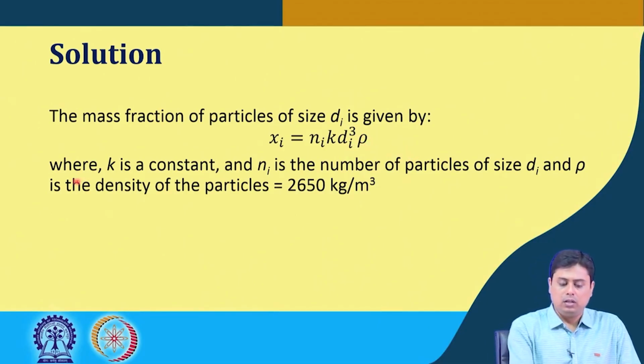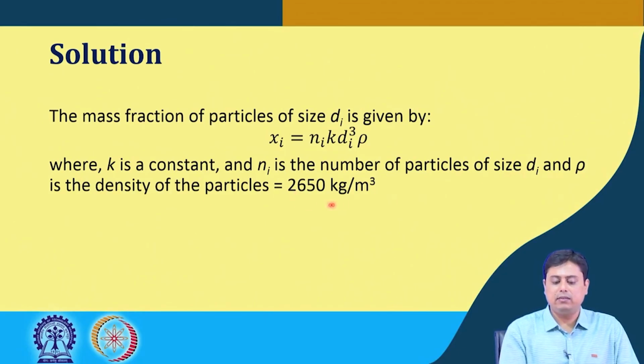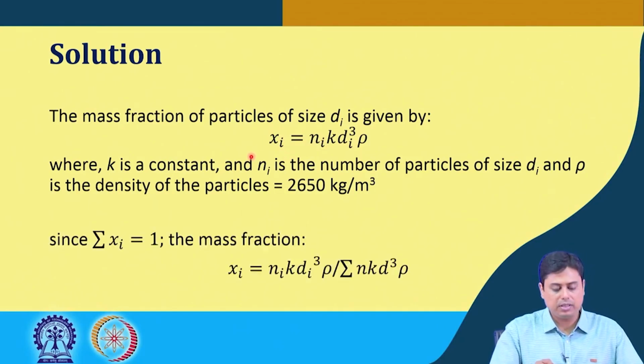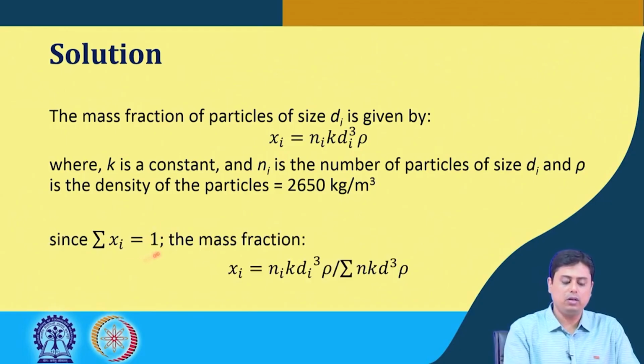Okay. And here that density is given as 2650. Okay. But we will come to this later, it is not important at this moment, but what you have to understand is that this is the relation between the number and the mass fraction, ni and xi. Okay. And now the summation of xi has to be conserved, that is 1.